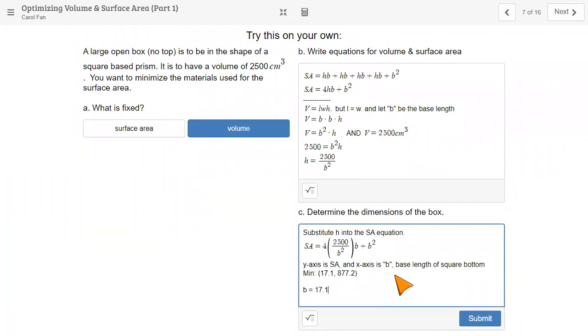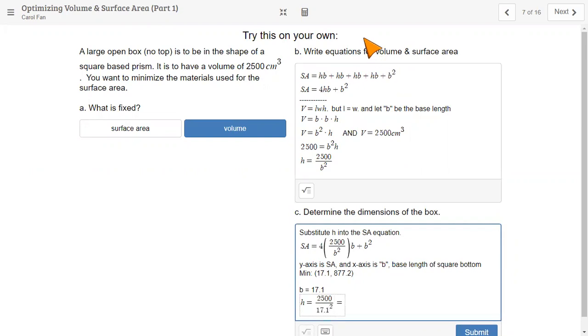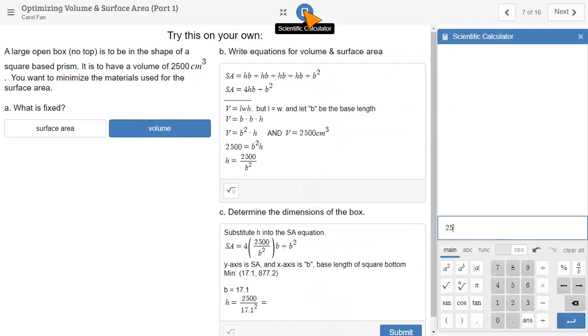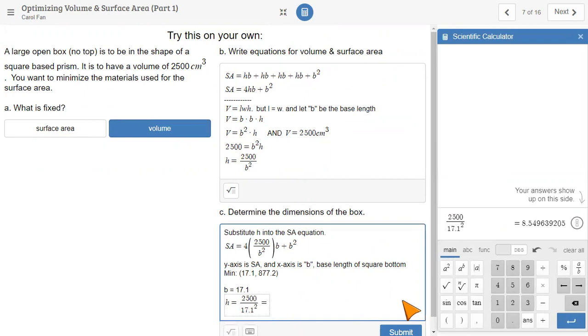So base is this, height is equal to 2,500 divided by 17.1 squared. Okay, our height, 8.5.